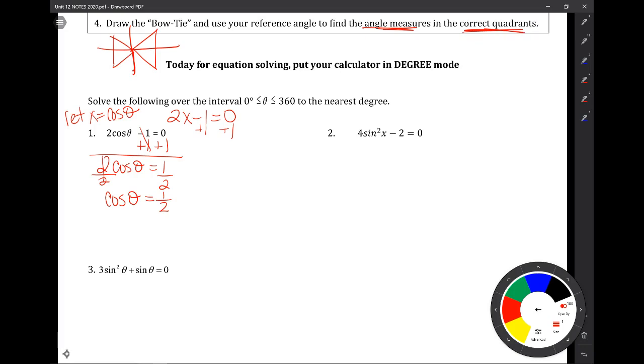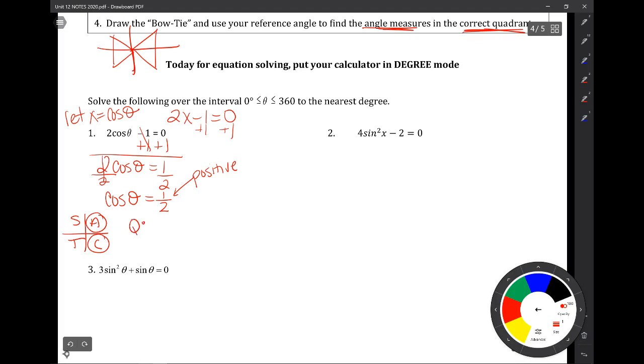All right, the fact that it solves to be a positive 1/2 means I'm going to use my ASTC chart and determine that cosine is positive in quadrant 1 and cosine is positive in quadrant 4.